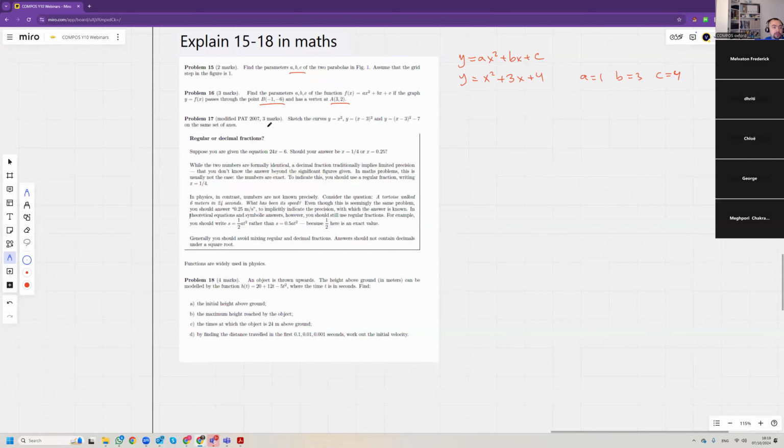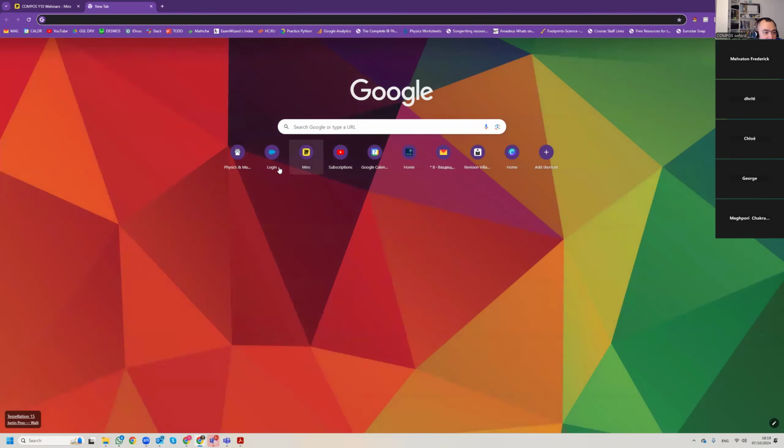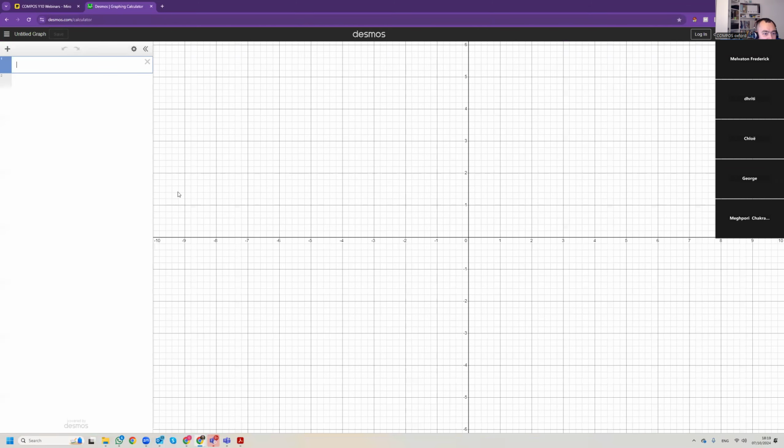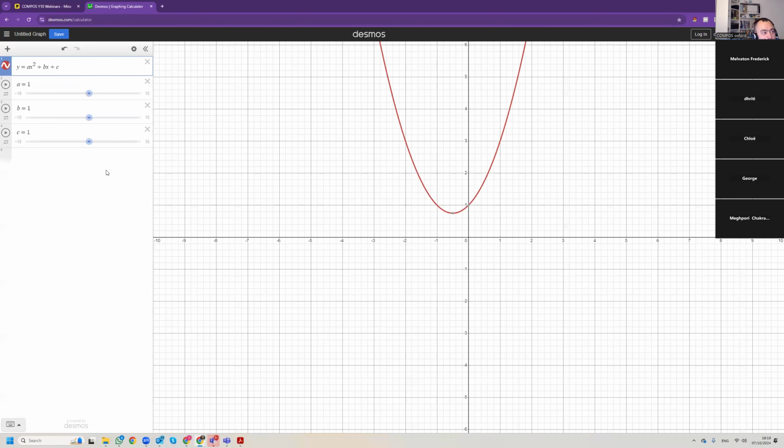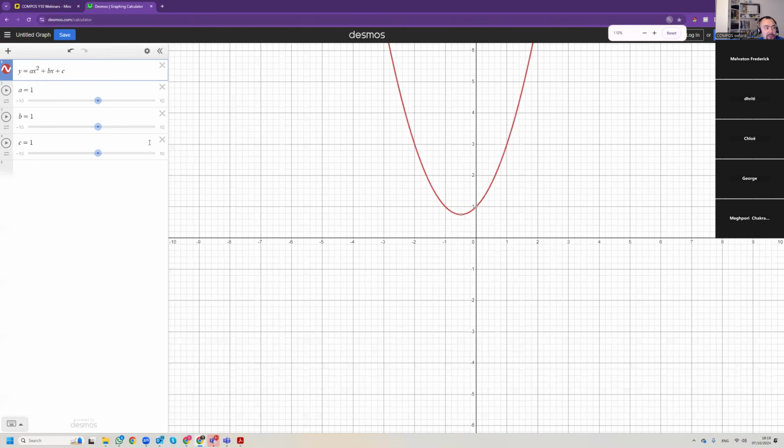Well, I can show you one thing. If you go to Desmos and you write down y equals ax squared plus bx plus c, and you can add sliders, you can change a, b, and c.